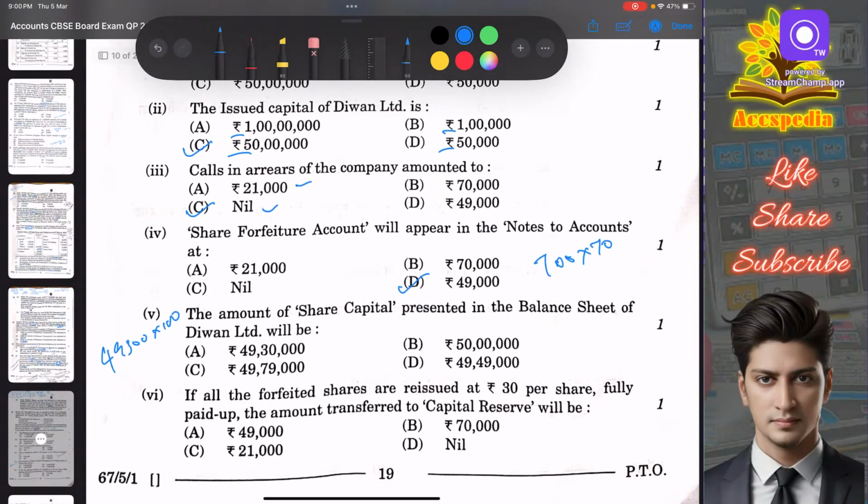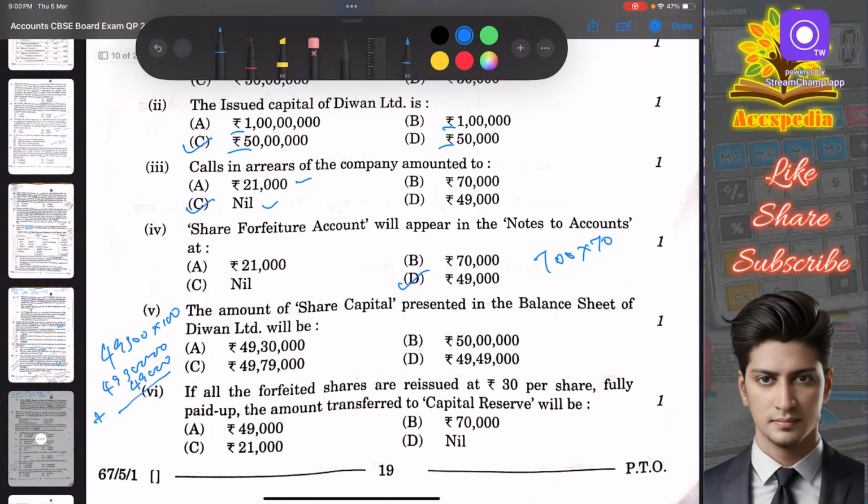So this is 49 lakh 30,000, plus the forfeiture account balance of 49,000, which we will also add and show under share capital. They're asking what is the amount of share capital presented in the balance sheet, so it is 49 lakh 79,000. Answer C.